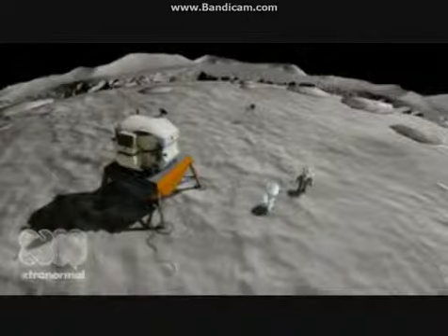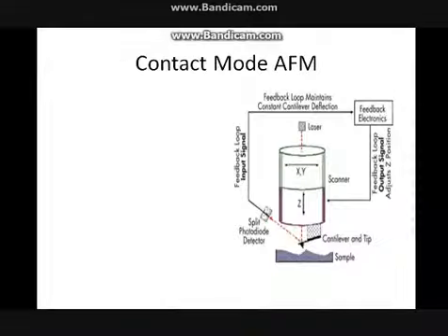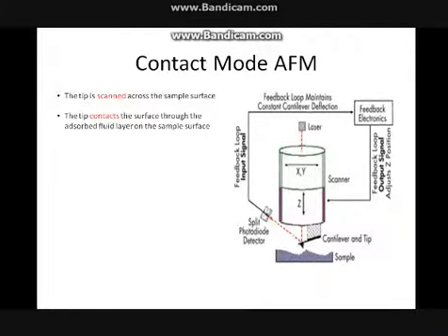So what is the difference between contact and tapping mode? Okay, let me start with contact mode first. Here is a schematic diagram for contact mode. Look at the tip. The tip is scanned across the sample surface by moving the scanner in XY position. The tip contacts the surface through the adsorbed fluid layer on the sample surface. There will be an attractive force between the tip and the sample.